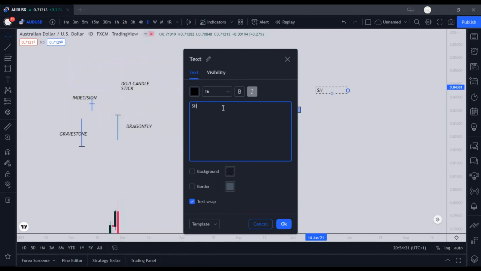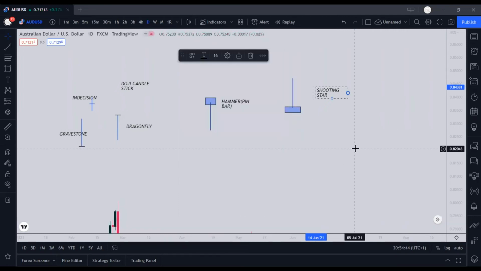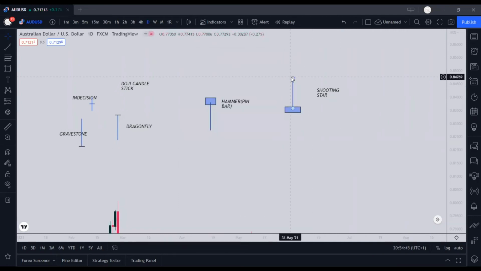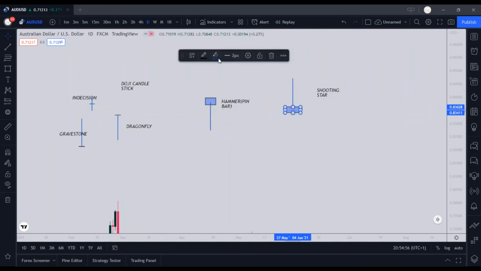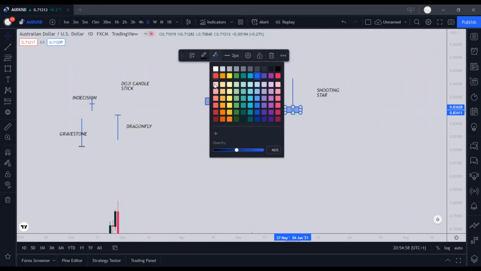Let me give the original name for it. Shooting star. So some call it inverted hammer, others shooting star, others bearish Pinbar. Bearish Pinbar. So let me even use a red color for it. So it will be meaningful to us.